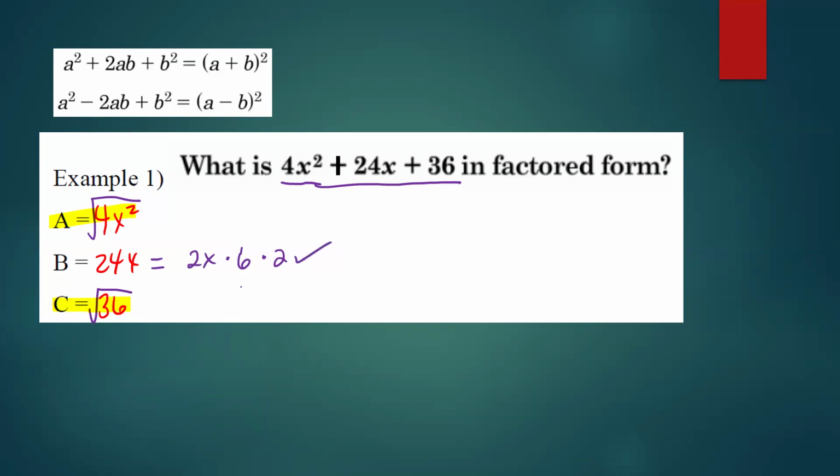Yes, it does. So because this checks out, that means that instead of having to do CAB, Xbox, grouping, flip, whatever your teacher has taught you, you can then just simply write it as a sum of its squares. So the factor of this is simply, what was the square root of your A? The square root of my A is 2x plus the square root of my C, which is 6, and square them.